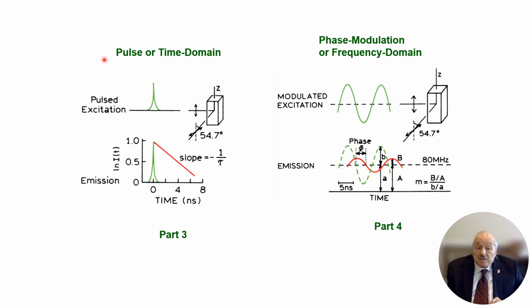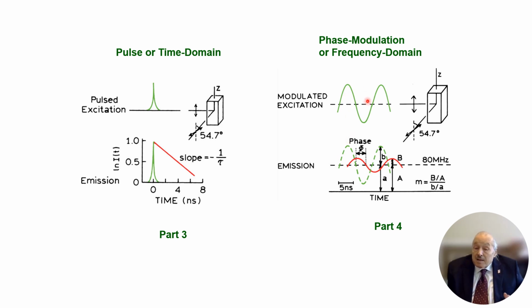In the pulse or the time domain, which we spoke about last time, a pulse of light is used to excite the sample, and from that you can calculate the lifetime or the multi-exponential lifetime, whichever it is. Phase modulation or frequency domain fluorescence is similar, but it's done in a completely different way. Instead of using a pulse of light, it's done with a modulated light beam.